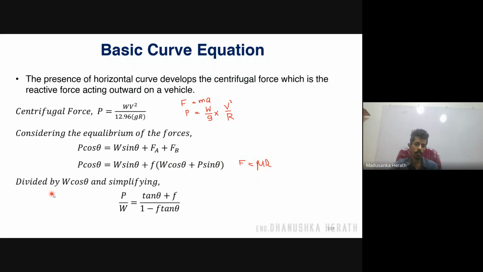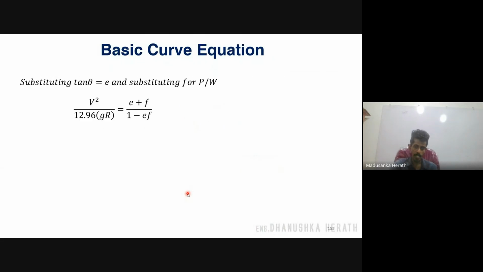Then if we divide this by W cos theta, the W and W will cancel out, and this will be tan theta plus f minus f times P over W times tan theta. Because there is a P here, we take this P to this side and make it the subject, and we can come up with the equation P over W equals (tan theta plus f) divided by (1 minus f tan theta).